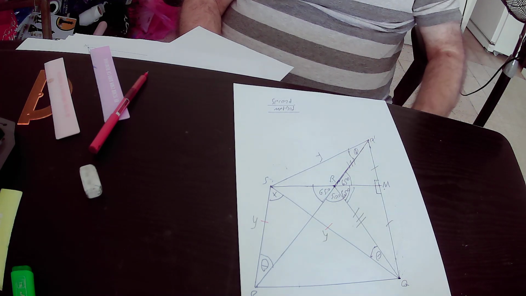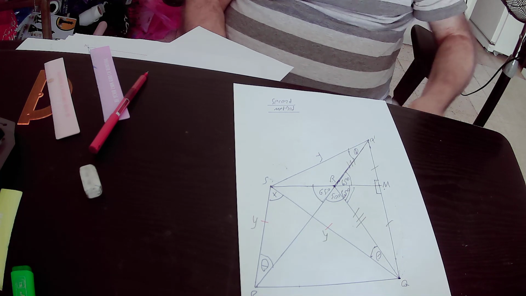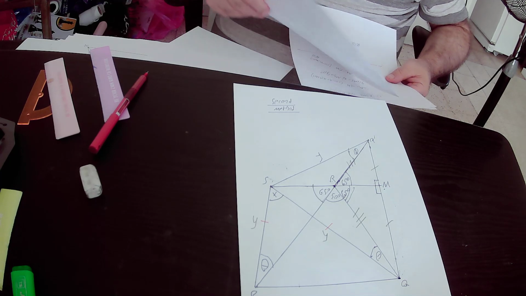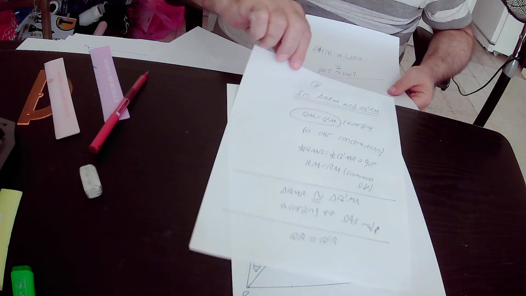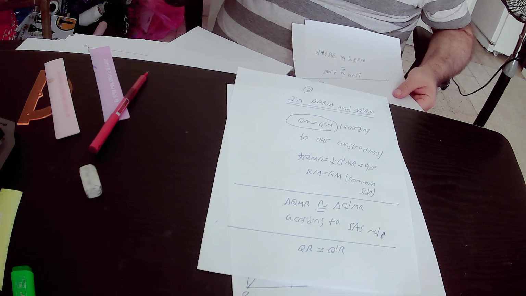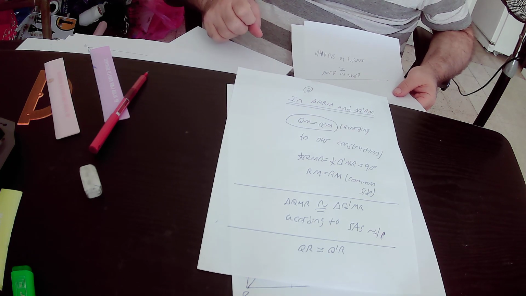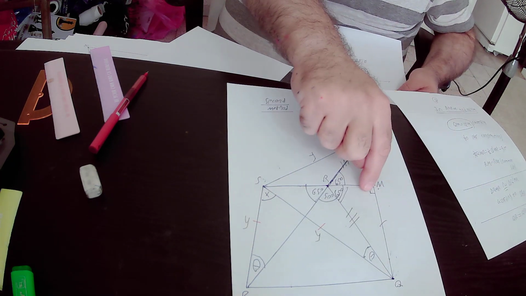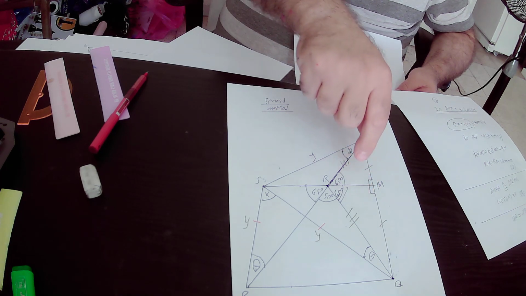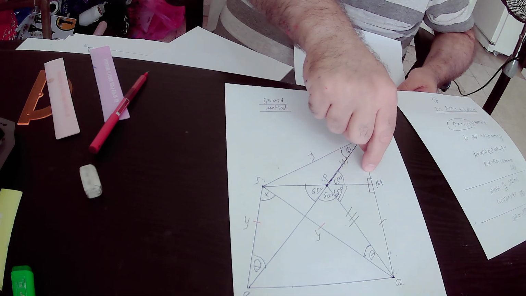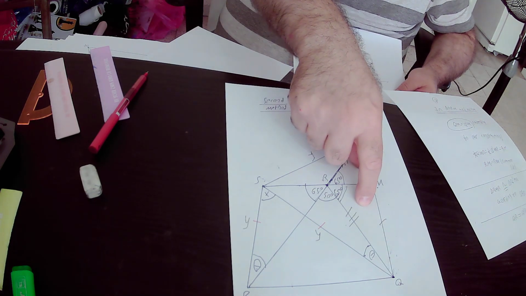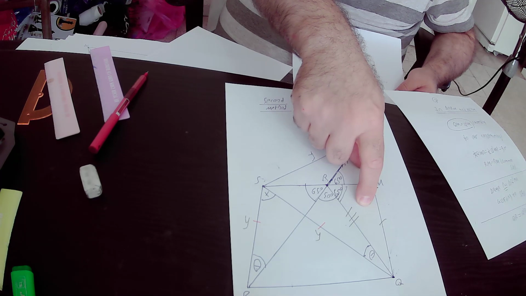So we can write down that RM equals RM. So we actually proved that triangle QRM can go into triangle Q dash RM according to the side angle side rule. We proved that those two sides and the angle between them are equal correspondingly to those two sides and the angle between them in those two triangles. Therefore, those two triangles can go into each other according to the side angle side rule.